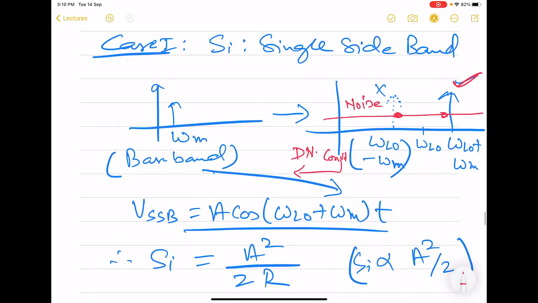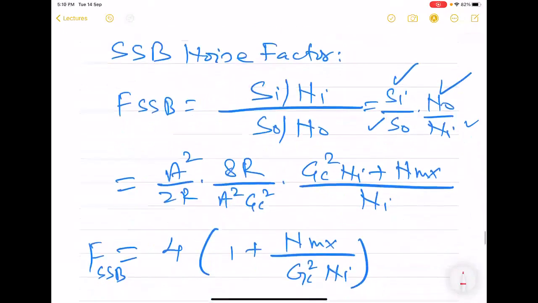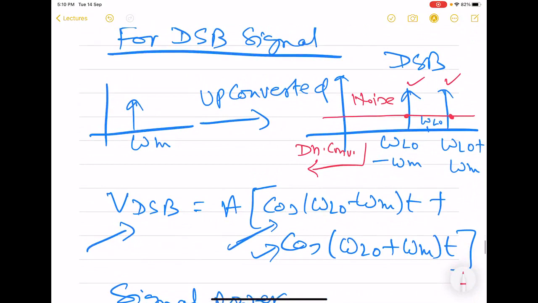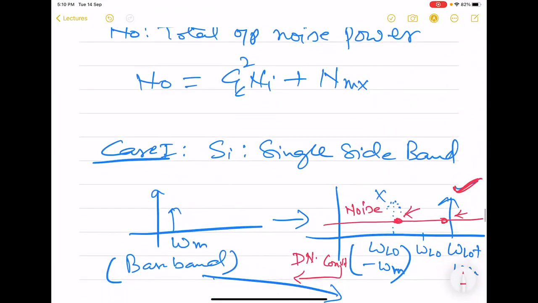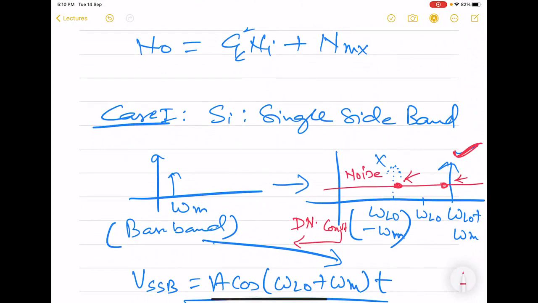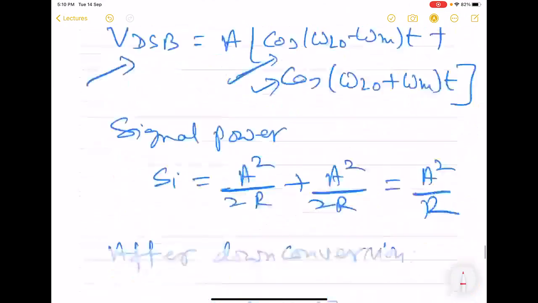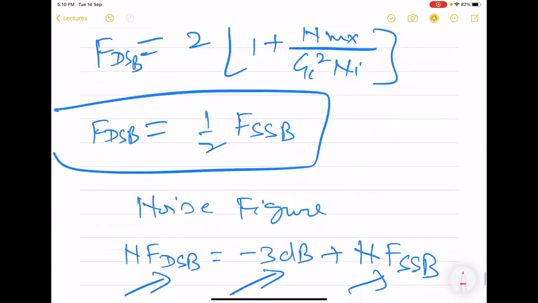There will be more noise at the output because noise from here and from here both will get down converted. However, only one signal component is present. But in the case of DSB, noise and signal both are 2 times. So that is why the ratio for the case of SSB is more than that of the DSB case. So this is the graphical justification for why we have more noise factor for SSB compared with the DSB case.